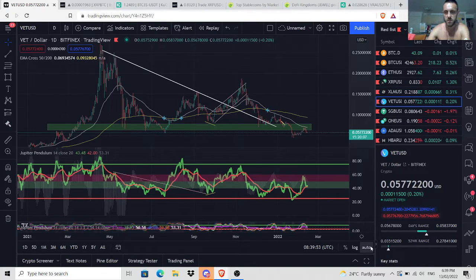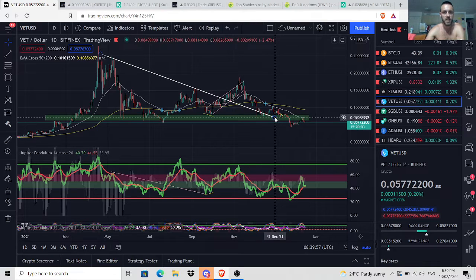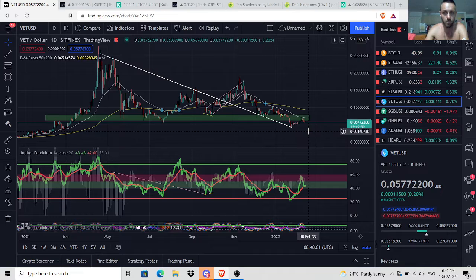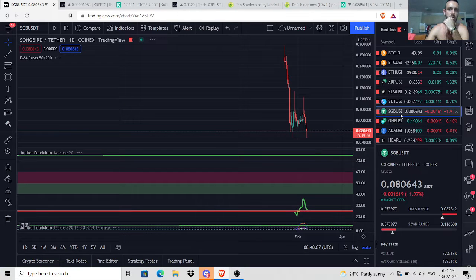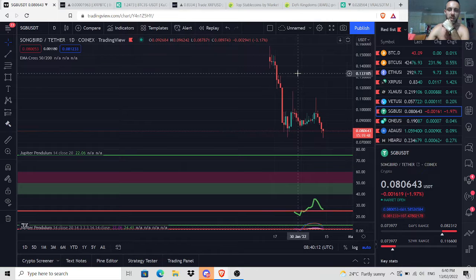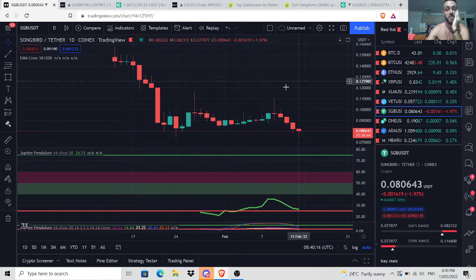Okay, VeChain similar. Kind of broke out, following this downtrend now. We haven't made a higher high, but if we make a higher low, that's bullish. Okay, Songbird, unfortunately, it's just bearish. It is one of those inflationary coins that people just want to sell because there's more benefits to selling.